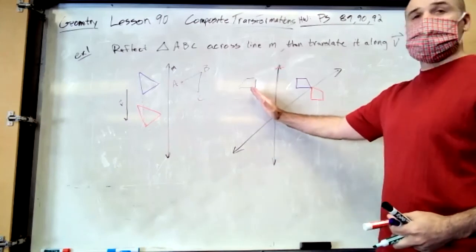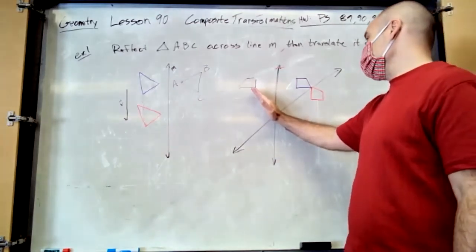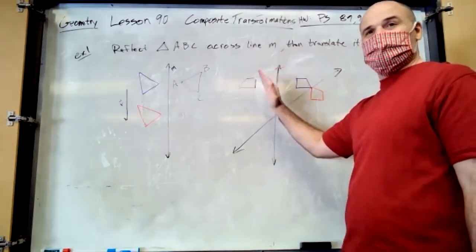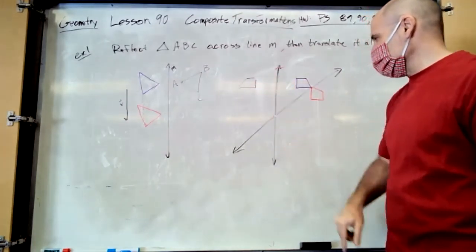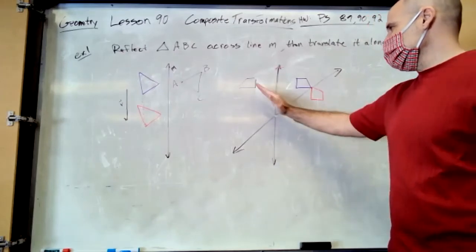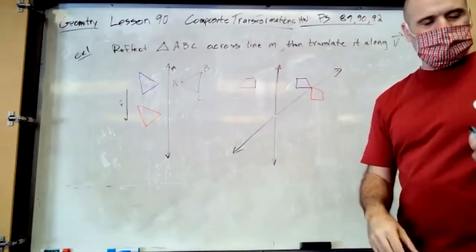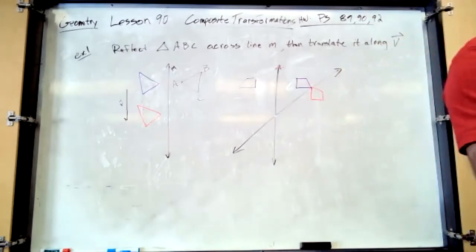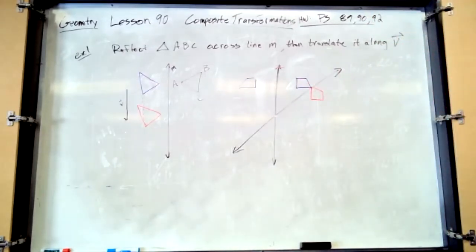Now look at this. It's a rotation. It goes from here to here. And look where the axis of rotation is right there. So when you reflect over two parallel lines, it's a translation. But when you reflect over two intersecting lines, it's a rotation. Okay, let's write that down.